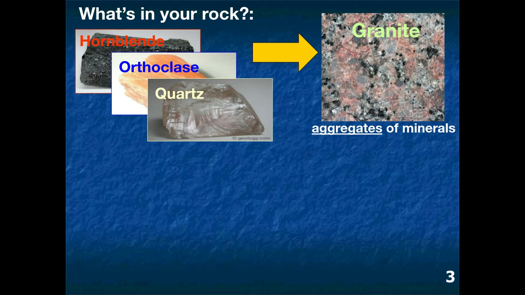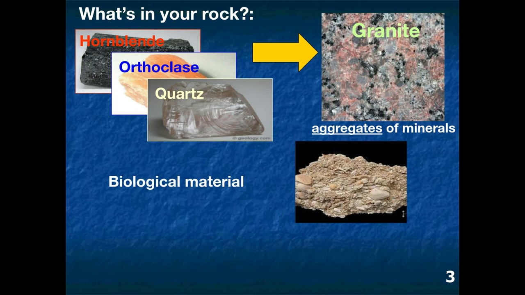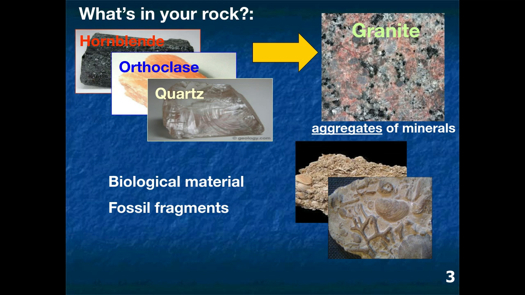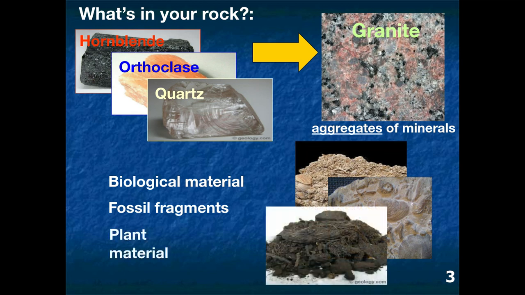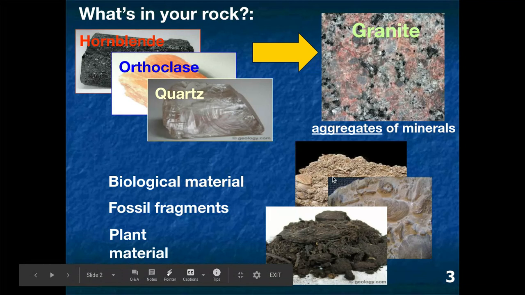For example, a rock can be composed of biological material. So here you have a rock that has pieces of shells and shell fragments and so forth. Here we have a rock that can be composed of fossil fragments. So again, a rock can be anything the earth wants it to be. And then here we have a rock composed of plant material.